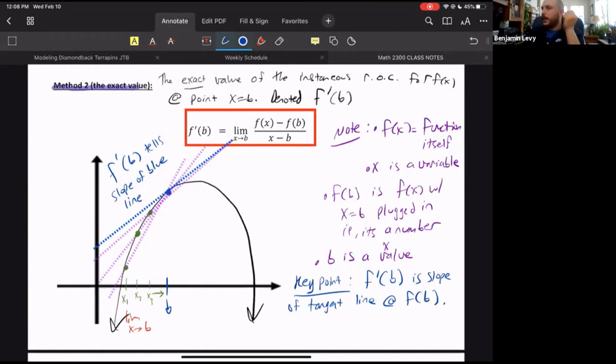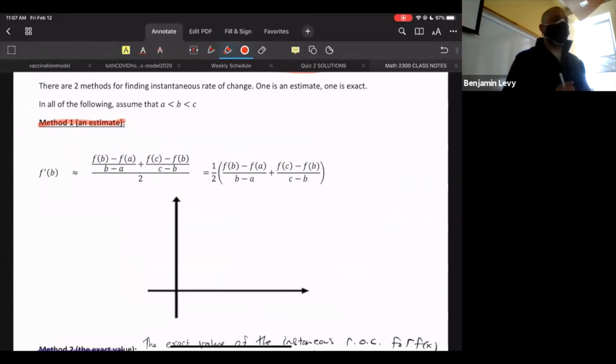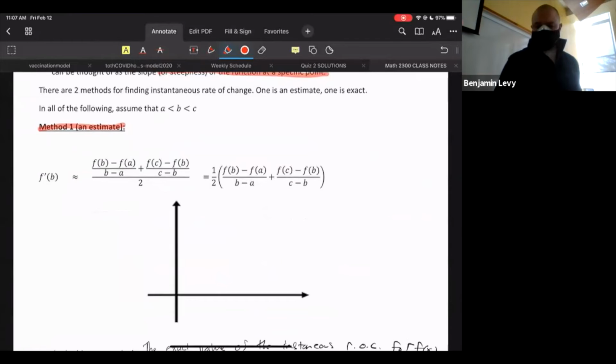And the way to think about that is how steep is the function there. It's a measurement of how steep is f of x at f of b. Slide up for those folks who need that. Because it's interesting, but not as useful, obviously, as the exact value.